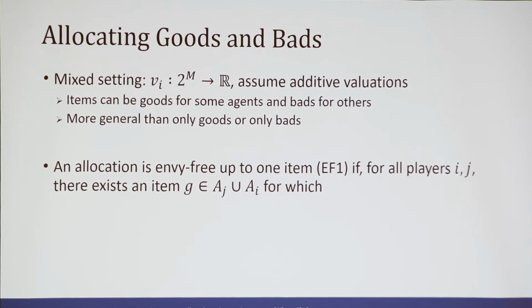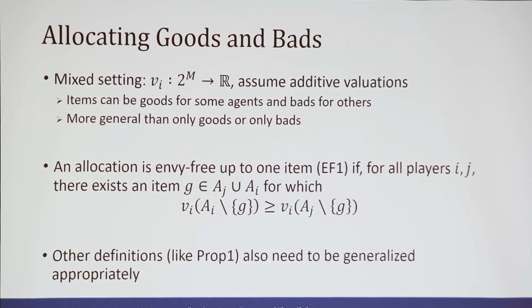So now an allocation is envy-free up to 1 item if for all players i and j, there exists an item g in the union of aj and ai, such that when we remove it, we remove the envy. So we'll remove it from agent i's bundle if it's a chore or a bad, or remove it from agent j's bundle if it's a good. And you can generalize other properties like prop1 in the same way.